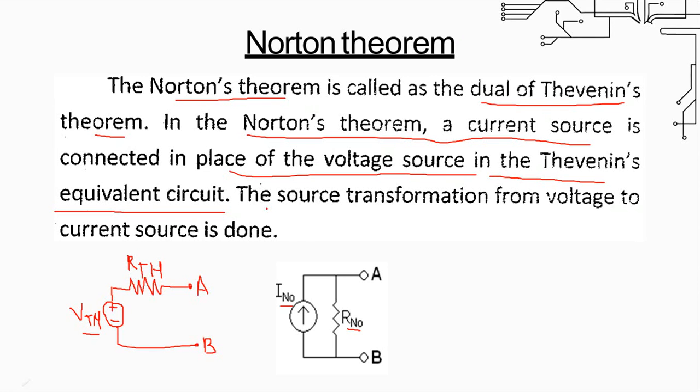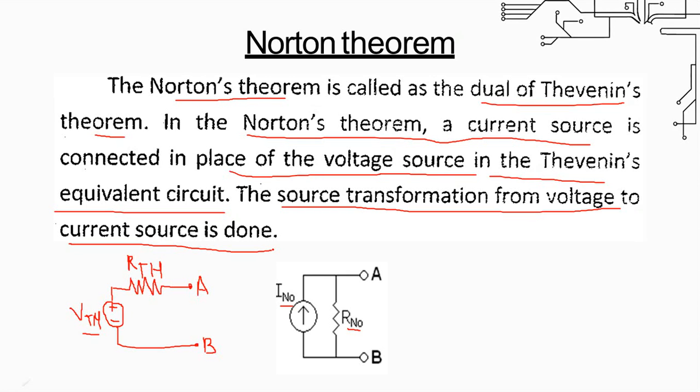Or simply we can say we are transforming the Thevenin circuit into a Norton circuit by using source transformation. Source transformation means we are transforming a current source into a voltage source or a voltage source into a current source. So here we are transforming the voltage source of the Thevenin's equivalent network into a current source for Norton's theorem.